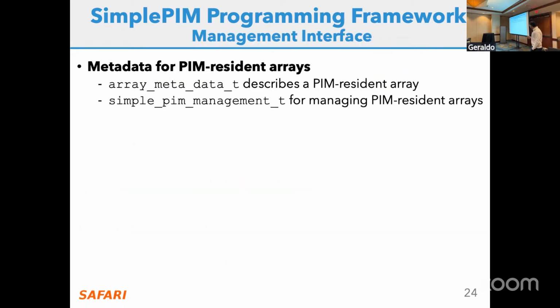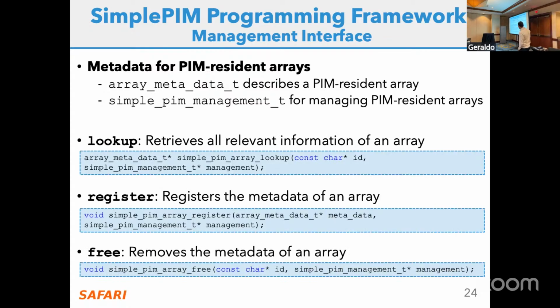Very briefly, the management interface allows the user to decide which input arrays in your application are going to be offloaded to the processing-in-memory chip. For that, we have 3 APIs: lookup, register, and free.